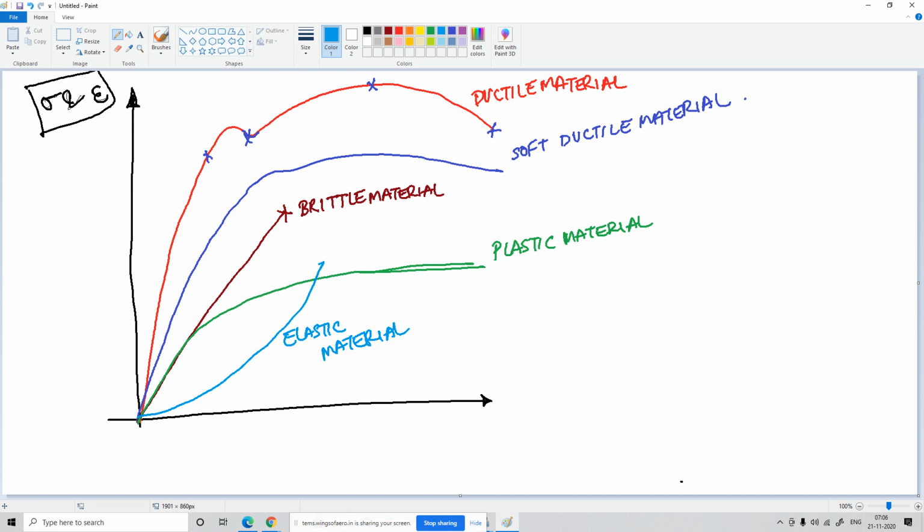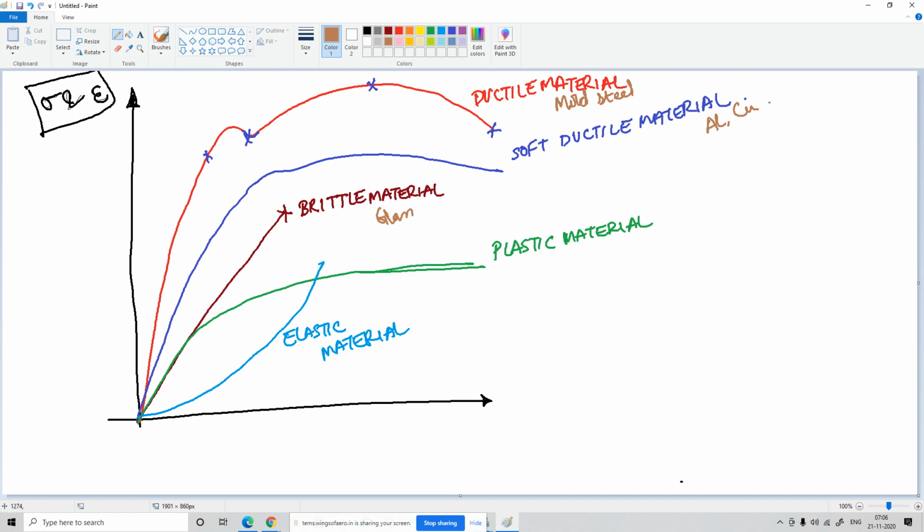So ductile material here means mild steel, or soft materials like aluminum and copper. Brittle means glass.